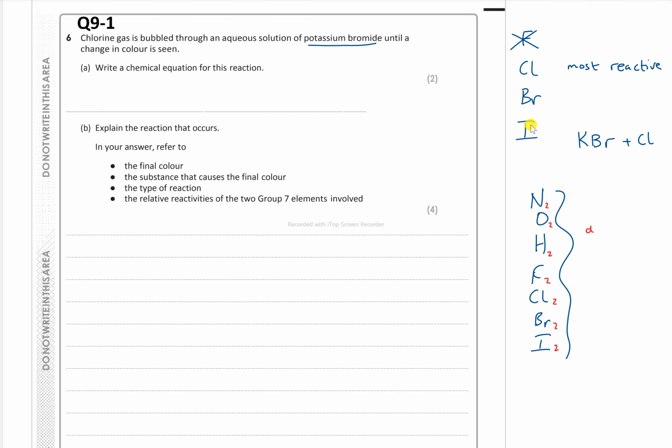They are called diatomic molecules. Right, so you should know this. Most reactive, least reactive. Now, so that goes around in pairs. So when these two react, chlorine's tougher than bromine.